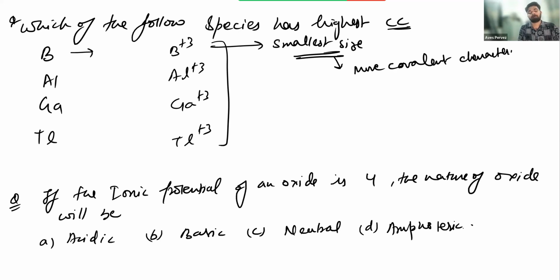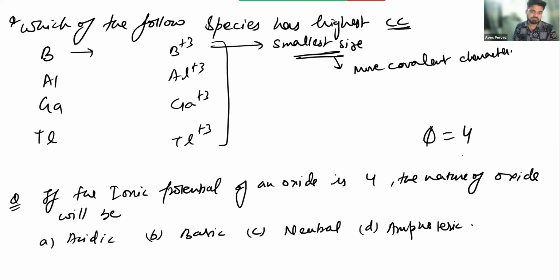Tell me. If the ionic potential of an oxide is 4, and the value of phi is 4, then will it be basic? Tell me. It will be acidic. Why?